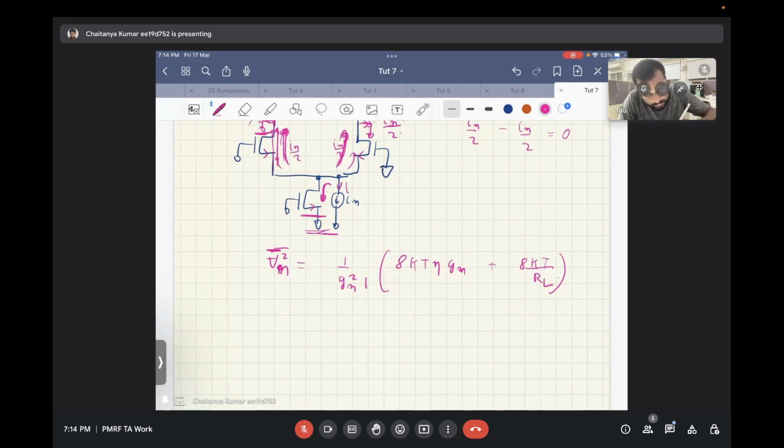Now again we can take out RL square common. We can divide and multiply it by RL square. So what will happen is we will get gm square RL square into 8 kT eta. Now this is gm times RL square, so you can write it as gm square by gm.